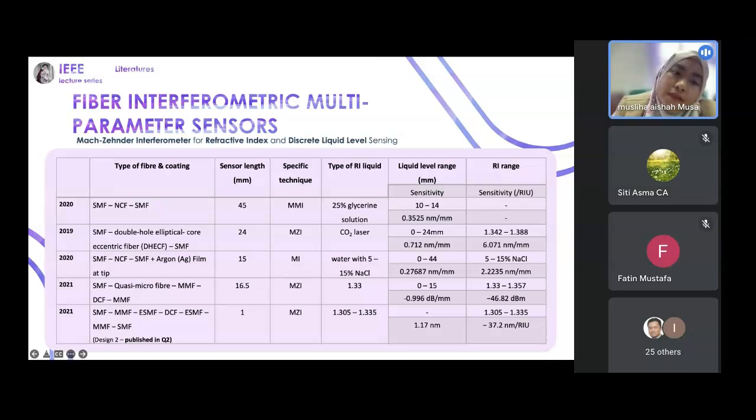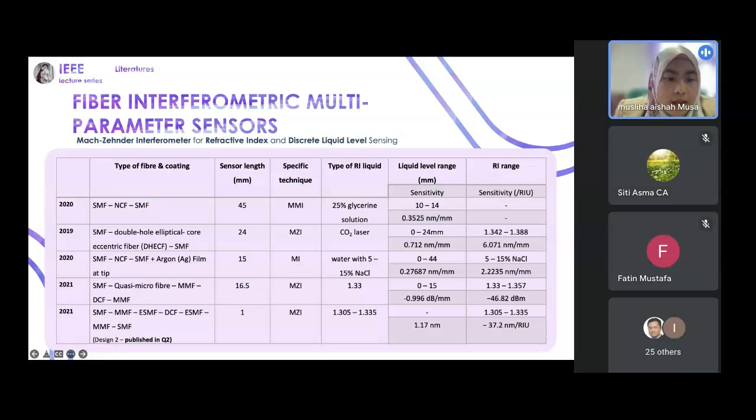For my research in 2021, I used it for just discrete water level. It's not that the whole fiber can sense the liquid level. I just do a point sensor.